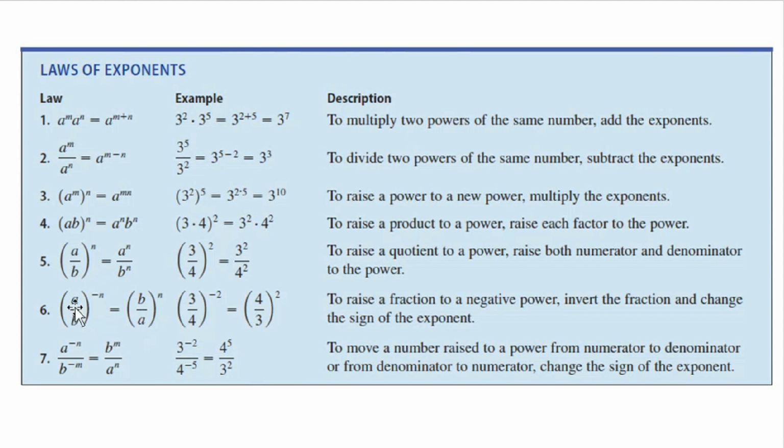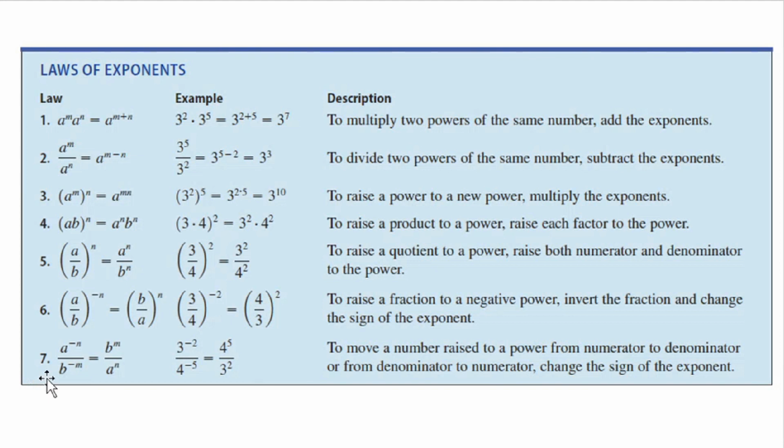Meaning to say, the numerator becomes the denominator and the denominator becomes the numerator. Then you write now the exponent with a positive sign. So for a over b to the power of negative n, we interchange the position of the numerator and denominator. It becomes now b over a, and then we write the positive exponent.